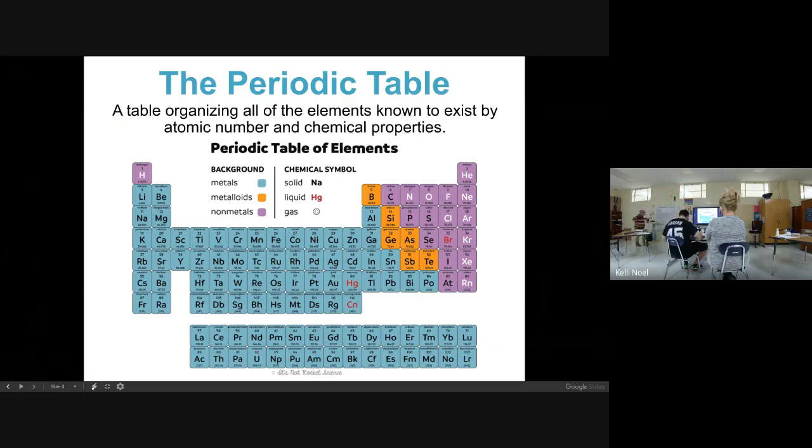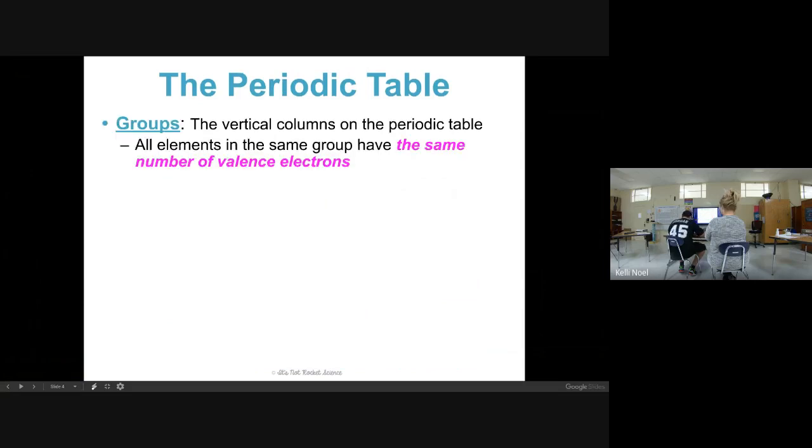And then you have a key down here that tells you about what's inside the box. So always look for your key on your periodic table. It's just our way of organizing, and by organizing them the way Henry Moseley did, we have them by atomic number and therefore chemical properties. So that's the importance there. So we're going to start with our periodic table. Groups are our columns.